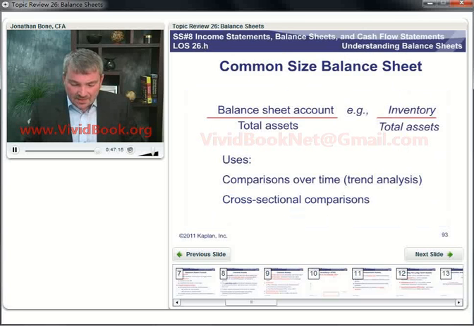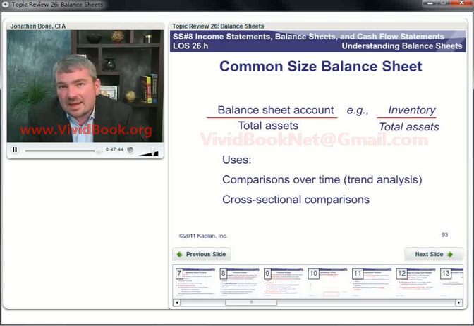Our next LOS says convert and interpret a common size balance sheet. So we need to take our balance sheet, which is in absolute dollar terms, and convert it into a common size balance sheet that is in relative terms, percentage terms. And of course, by doing that, it's going to facilitate comparisons over time because we can see the percentage of each asset and liability class changing, and it will allow us to compare between companies of differing sizes.